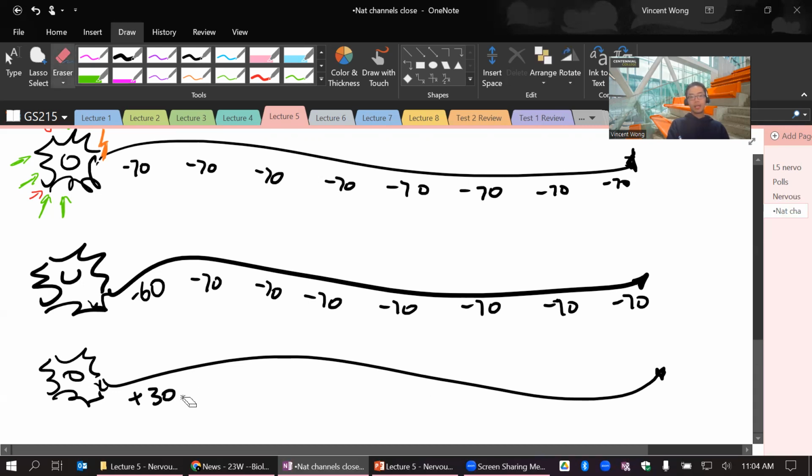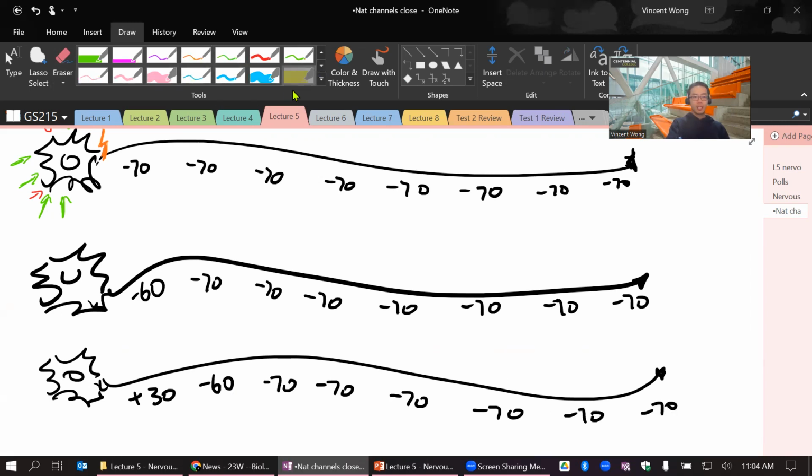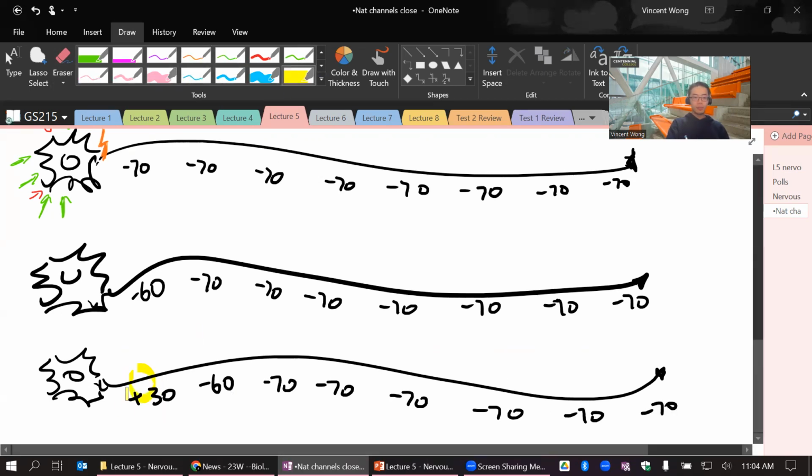And then what happens is, because of the sodium coming in, and then you will close the door, it will push the next section towards minus 60, right? Because some of the sodium creeps forward afterwards, right? But the rest will still be at minus 70. Okay, so this part here flips to 30. So we'll put a little light bulb here, ding, to light it up.